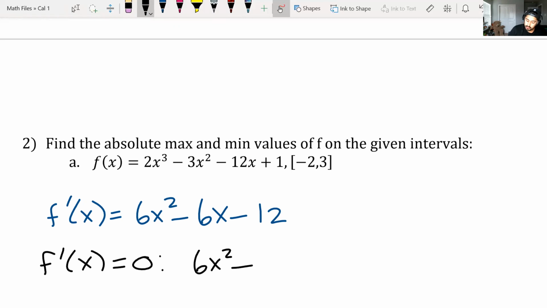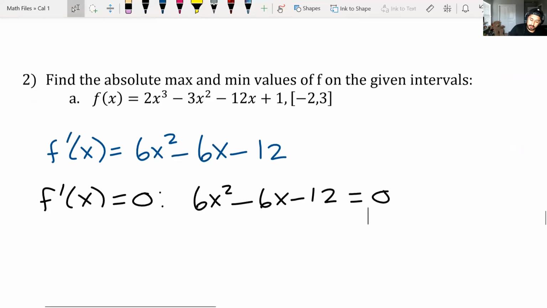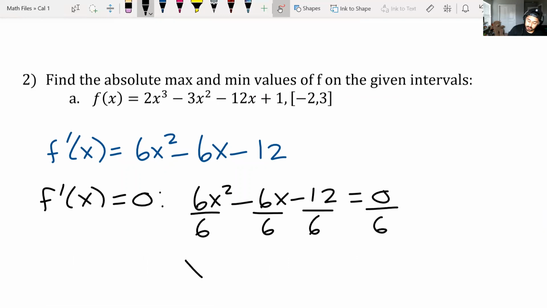6x squared minus 6x minus 12 equal to 0. This is an equation, so I can do what I want, which means I'll just divide everything by 6. And I'll get x squared minus x minus 2 equal to 0.